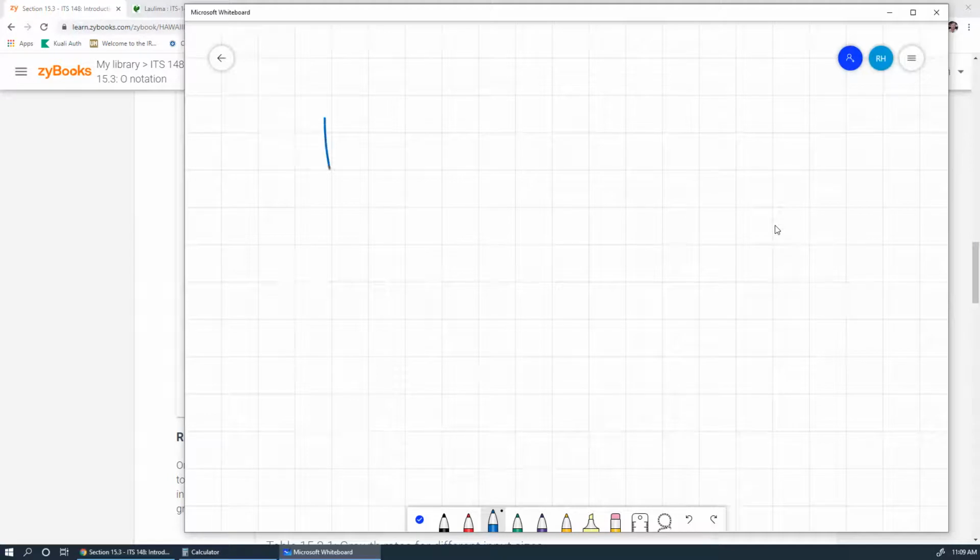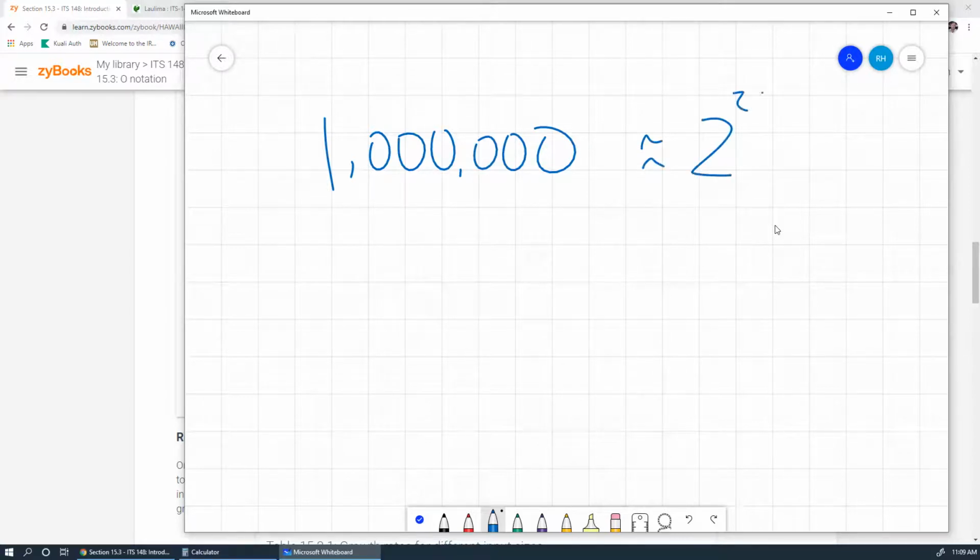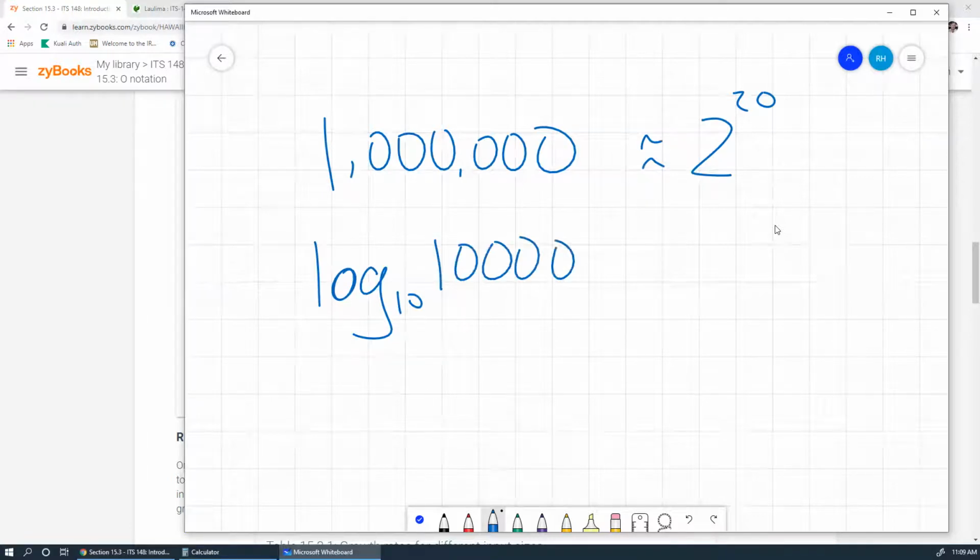So a million is about 2 to the 20th power. Log to base 10 of a million is 6. That's exact. Log to the base 10 of a billion is 9. Log to the base 10 of 1,000 is 3. Log to the base 10 of 100 is 2. Log to the base 10 of 10 is 1. So it's just the number of zeros.